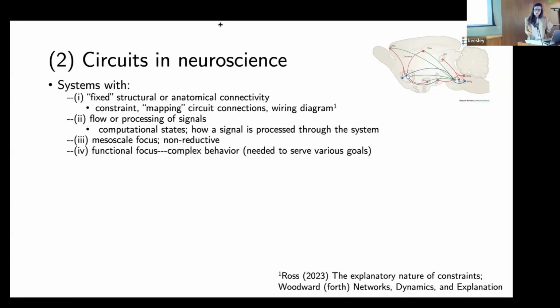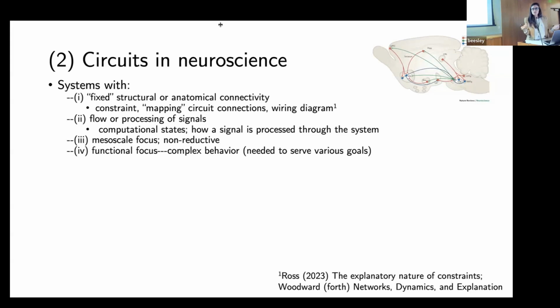A fourth main feature of these circuits in neuroscience is that they have a functional focus. We don't see this with all types of causal systems in the life sciences. These circuits are producing an outcome or behavior that has a purpose.